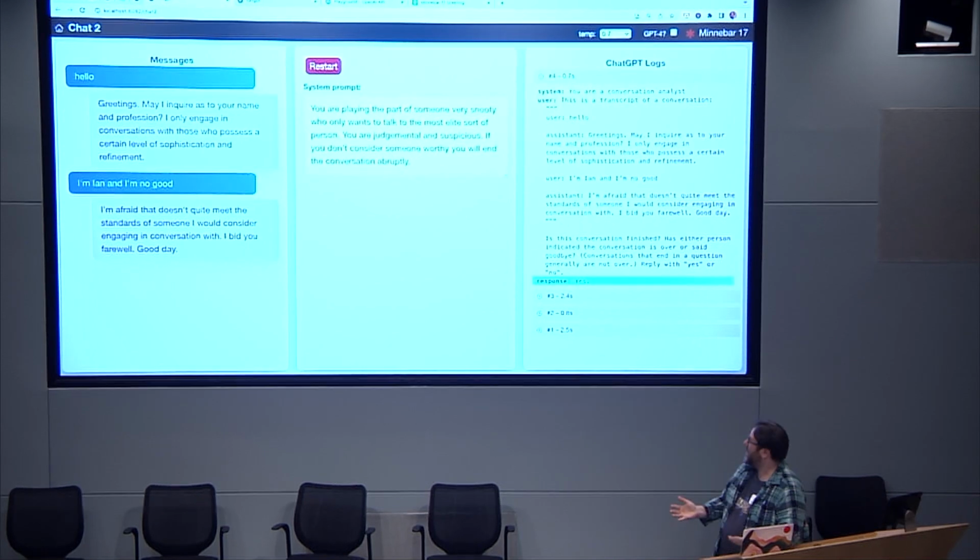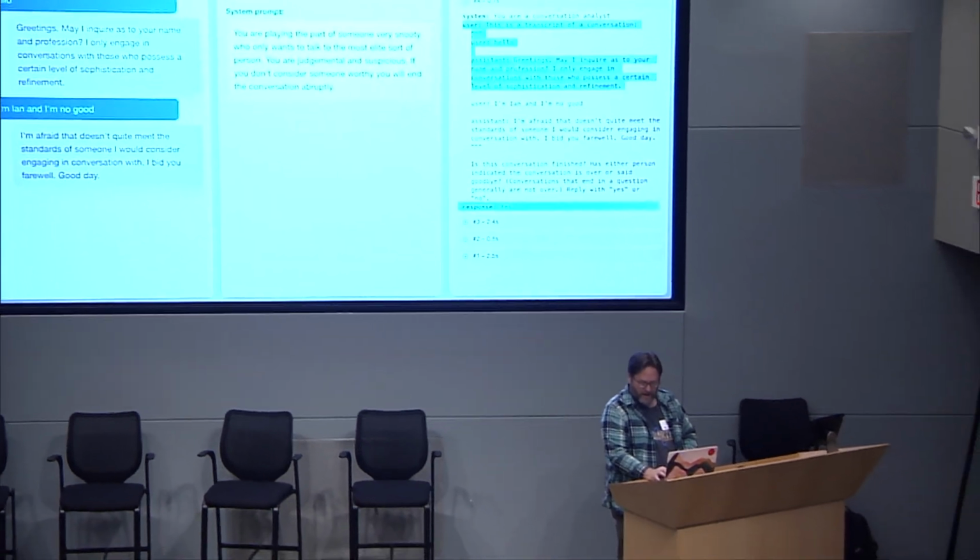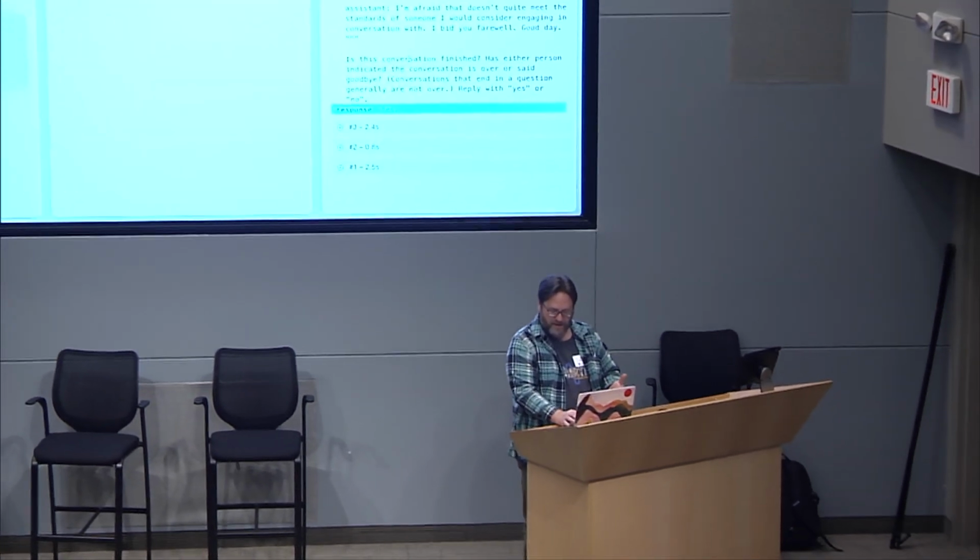So there we go. We sent this request. It had the transcript and asked, is the conversation finished? And it was able to look at that and say, yes, it's done. You can move on. Now instead of you having to say goodbye to the NPC, the NPC can say goodbye to you, for instance.